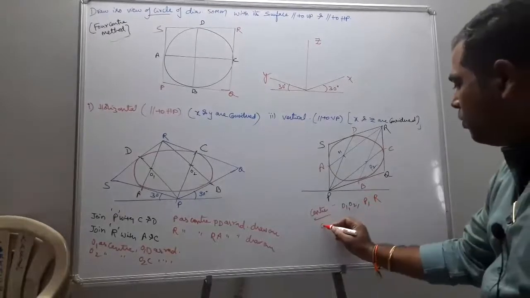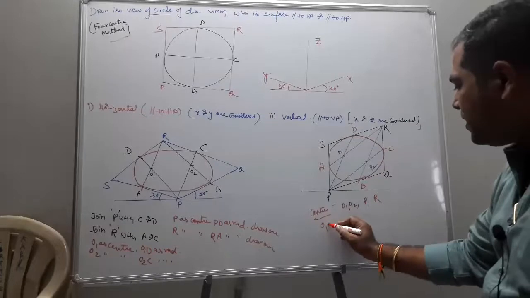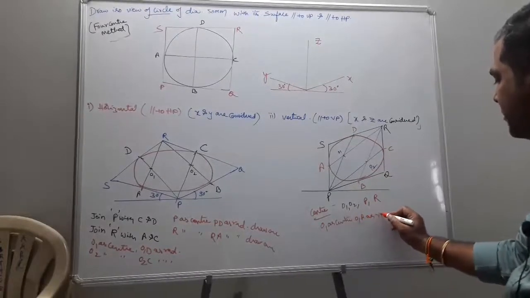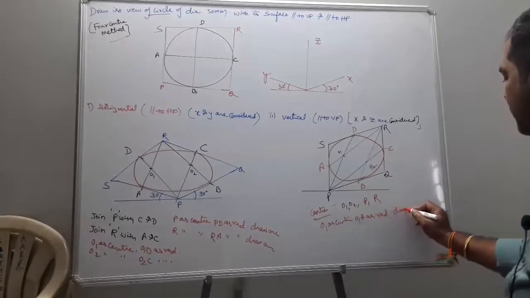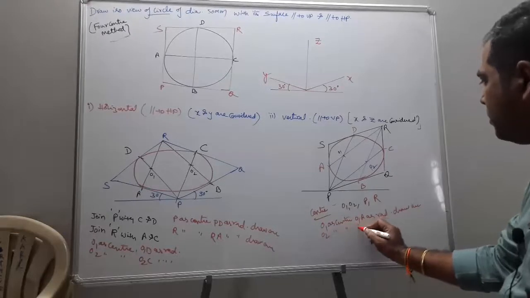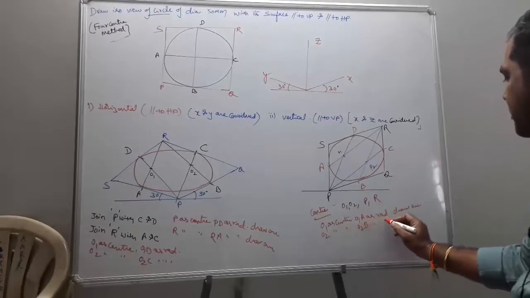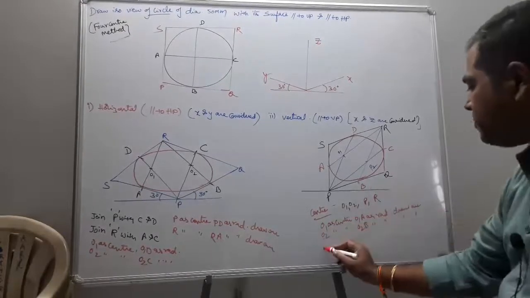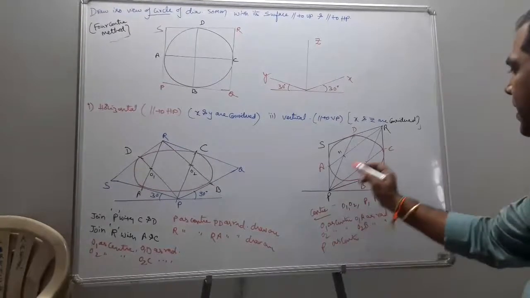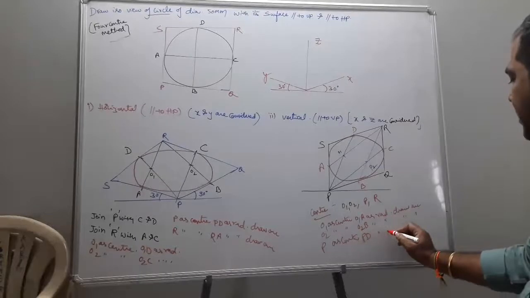Now O1 as center, O1A as radius, draw an arc. Similarly, O2 as center, O2B as radius, draw an arc. Next, P as center, PD as radius, draw an arc.